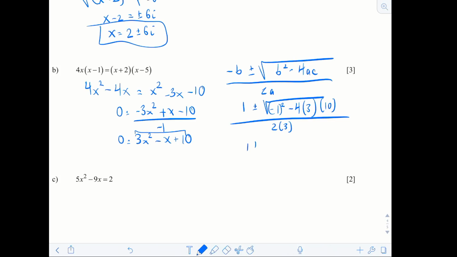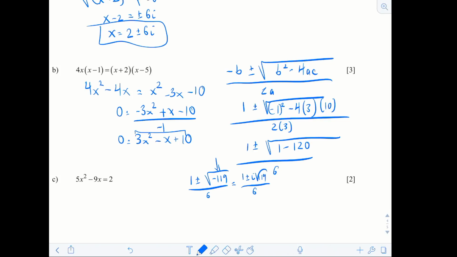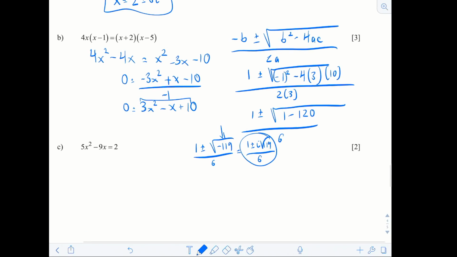So I'm left with 1 plus or minus the square root of 1 minus 120 over 6, so I end up getting 1 plus or minus the square root of -119 over 6, and I think that 119 is a prime number, so I'm left with 1 plus or minus i square root of 119 over 6 as my answer.